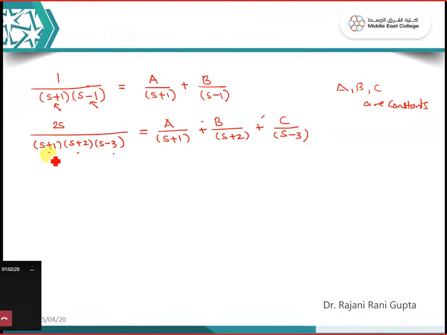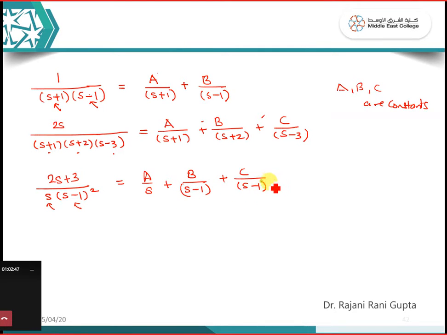For example, if I have (2s plus 3) over s into (s minus 1) squared, for s it's similar to the linear factor, so I will write A over s. For s minus 1, a repeated term with power 2, you should get 2 terms, so write B over s minus 1 plus C over (s minus 1) squared.